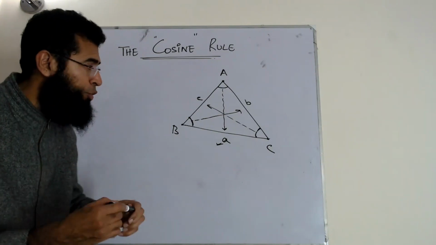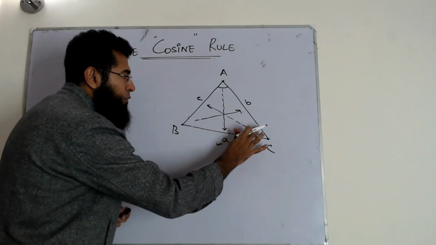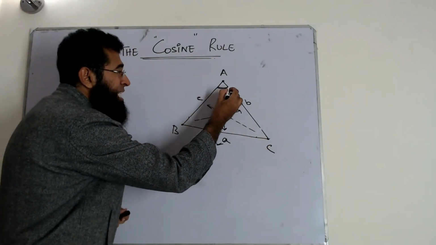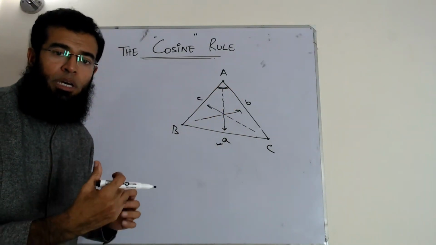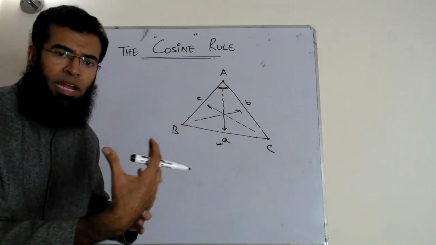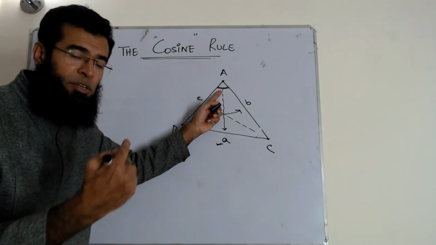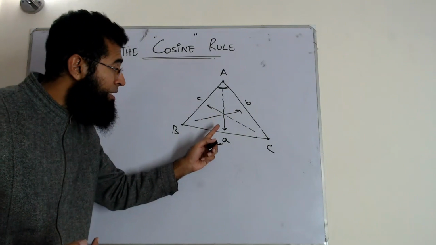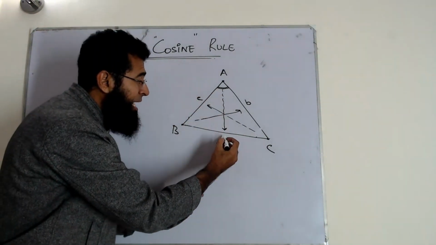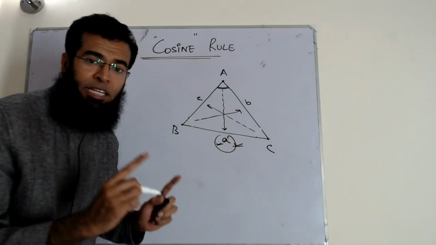What do you mean by that? I'll show you. For example, let's say this angle is given to you in the question, in a triangle, and you marked this angle. Either you have to find it or this is given. So the length which is opposite to this angle will be the subject in the cosine rule.